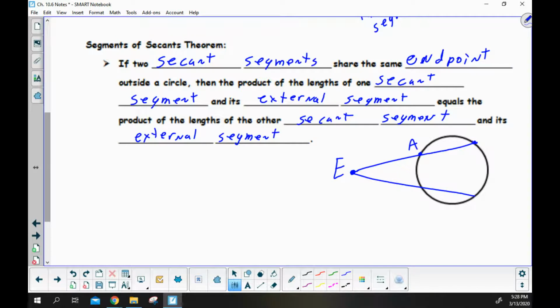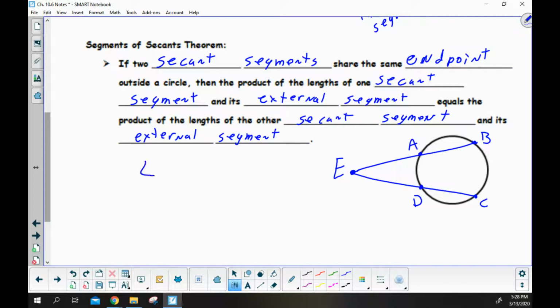We have A, B, C, and D, right? And what this is telling us is that if we look at each one, we have our first secant EB and our second secant EC, and it says that since they intersect at a point outside that circle, EB times EA, right?